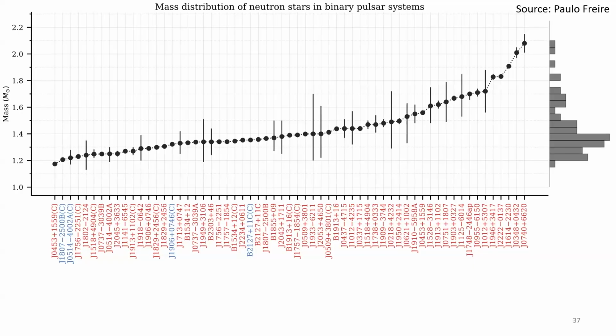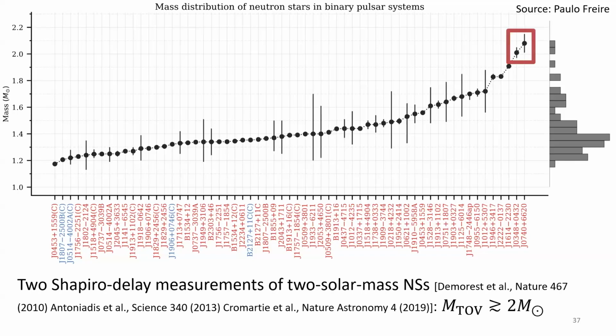And from these individual data points, the by far most useful measurements from the point of view of EOS inference are the masses of the most massive neutron stars in existence. And here there are 2 data points all the way up here that denote 2 stars that have masses that are believed to be of the order or slightly above the 2 solar mass limit.